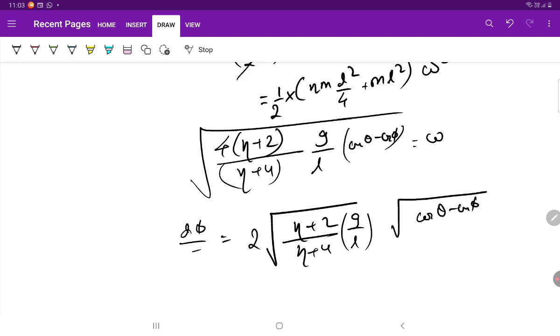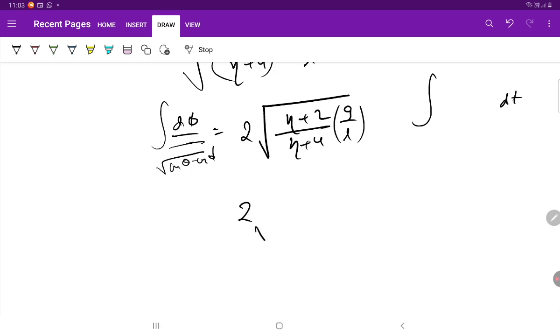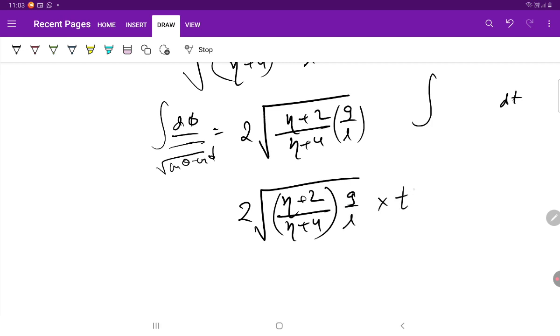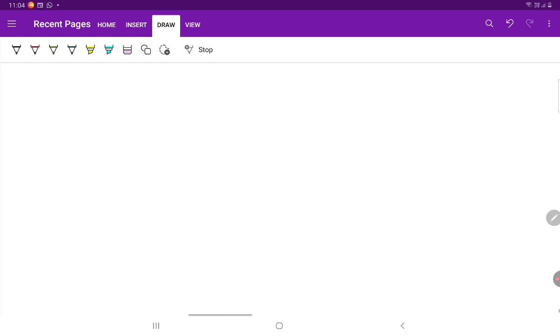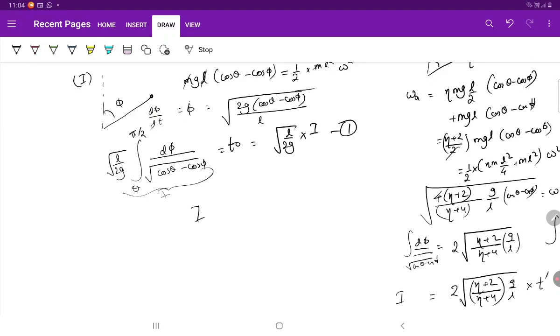Now multiplying with dt on both sides and dividing by the factor root cos theta minus cos phi, and integrating both sides, we get 2 root (eta plus 2 by eta plus 4) into g by l into time t dash, which I am assuming is equal to I. In the previous case I found I equals root 2g by l into t naught.